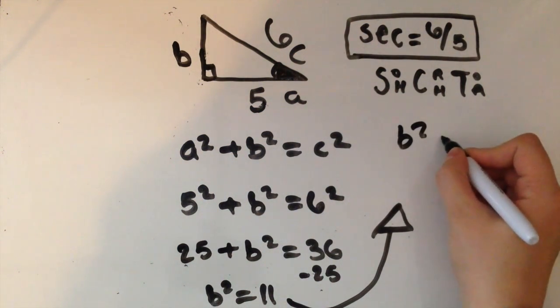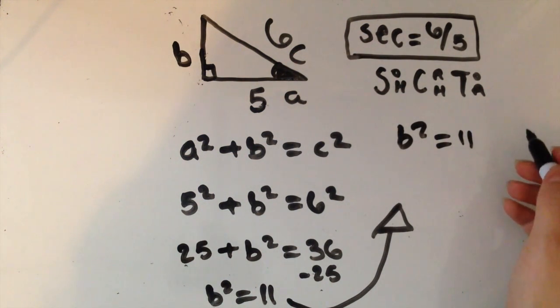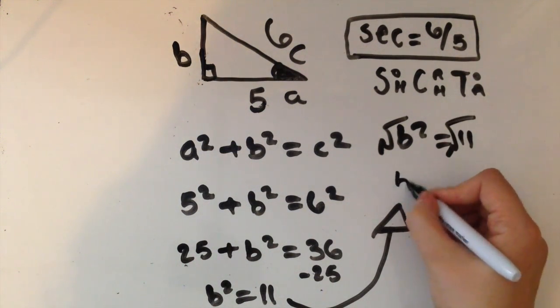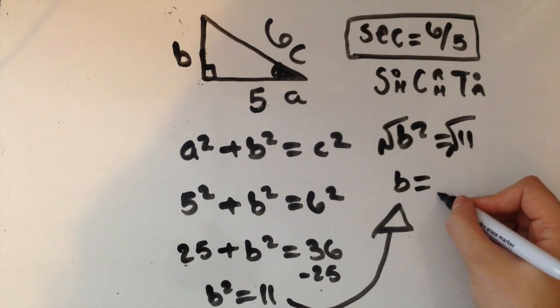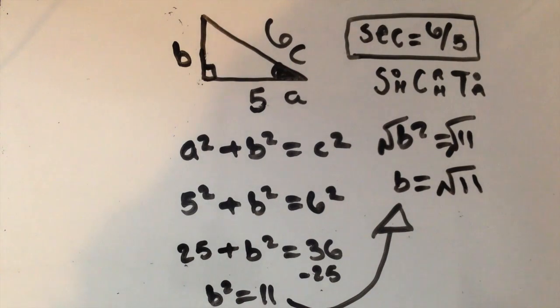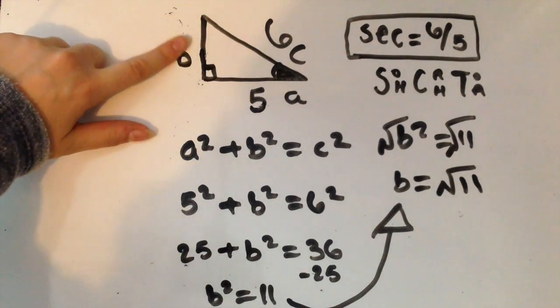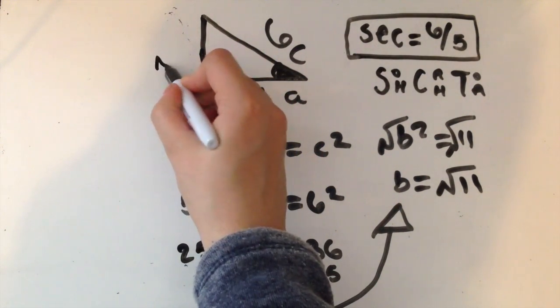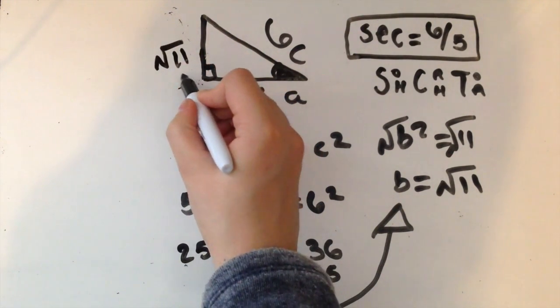If b squared equals 11, and we square root both sides, b is equal to the square root of 11, which means that the opposite side of our triangle is root 11.